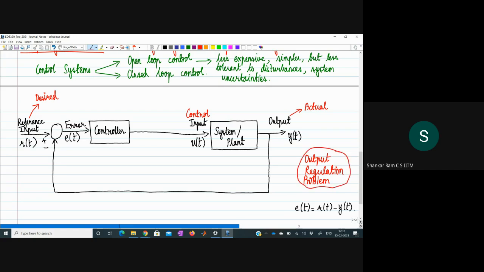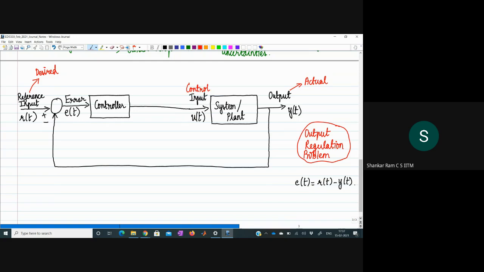We can see that immediately we have some feedback. This is a very simple illustration of the entire process. I hope it is clear what is meant by feedback. If I want to put a caption on this diagram, this is closed loop.